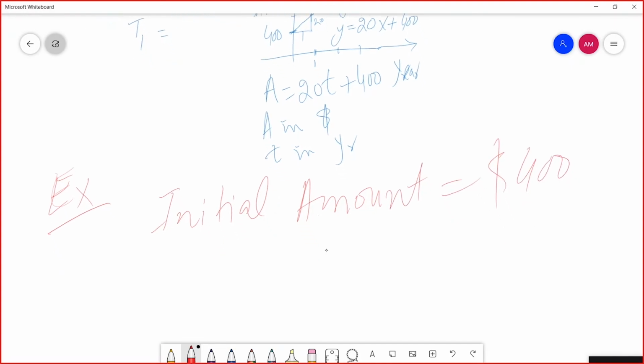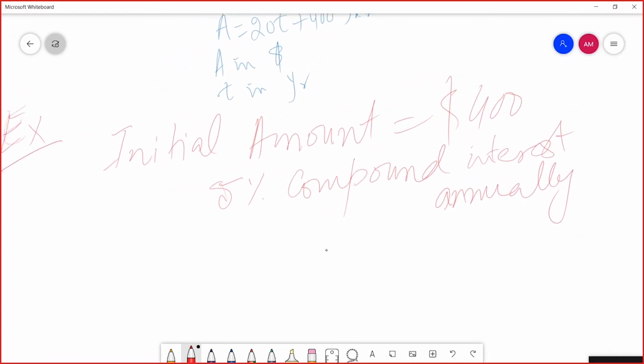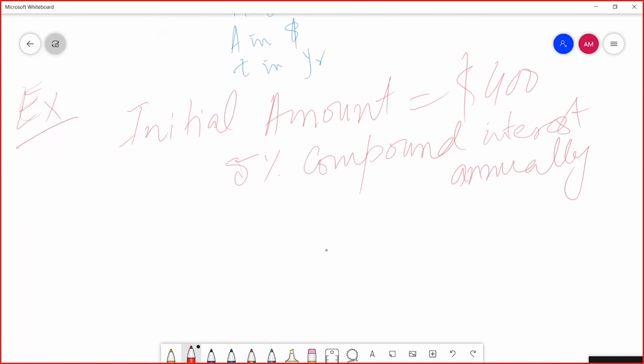And now it is given on, let's say, 5% compound interest annually. Yes? Yep. Do you still remember how to do this, or should I do it?